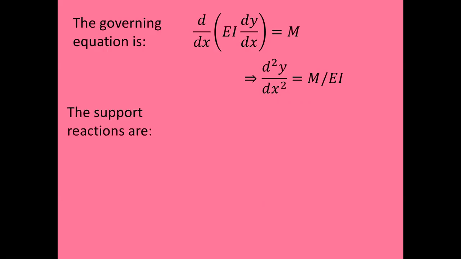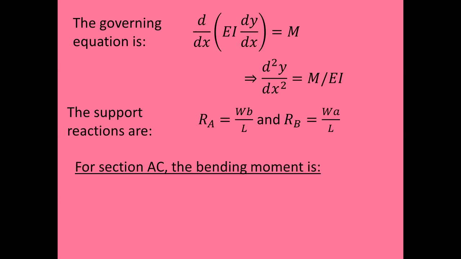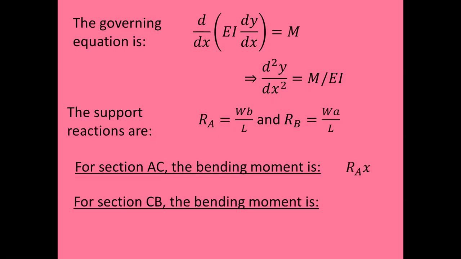Now the support reactions are given by RA and RB, which are going to be used for finding the bending moment for section AC first and for section CB later on.